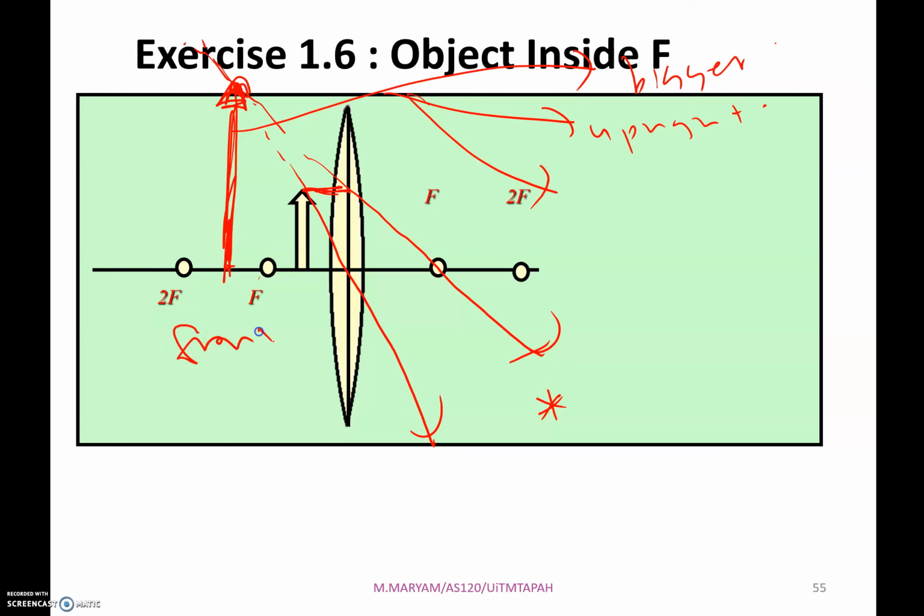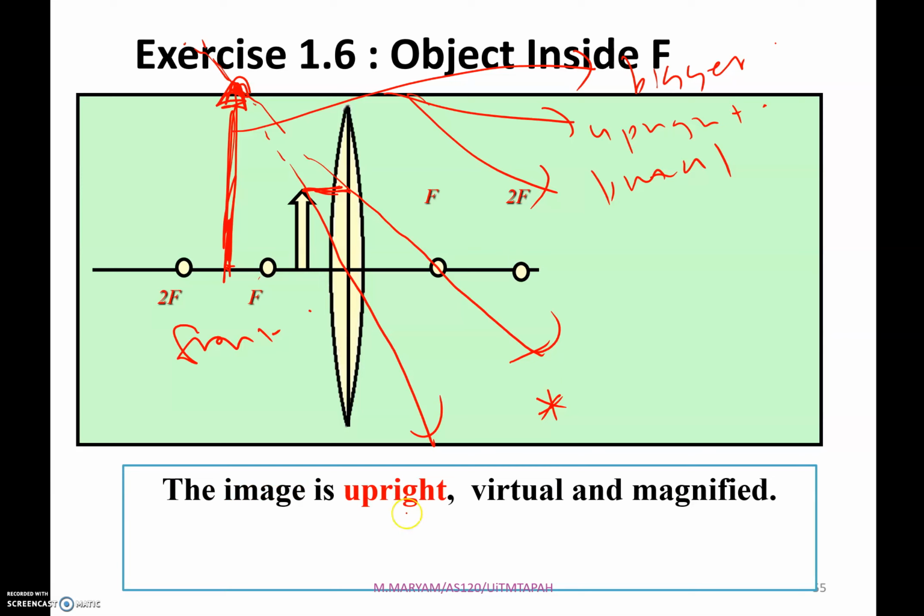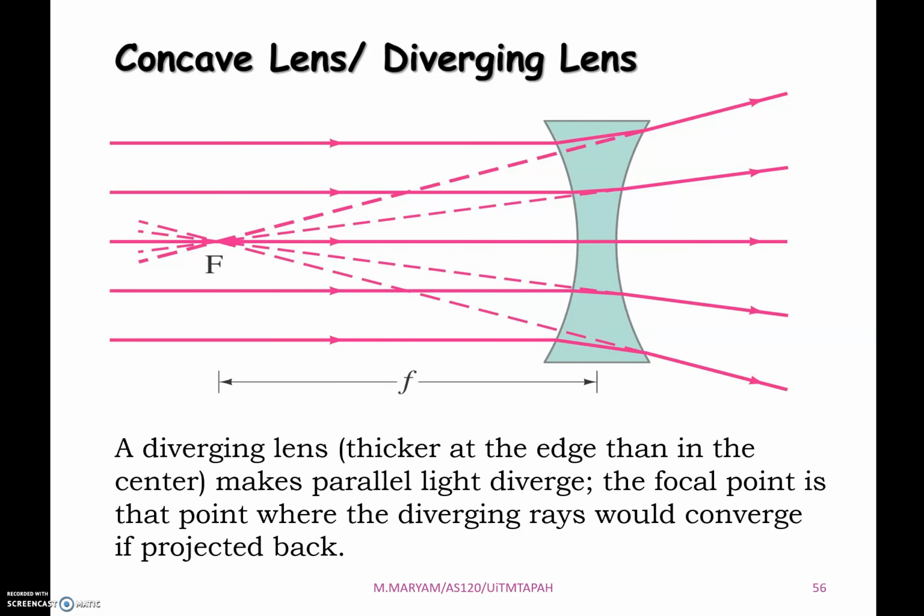This is the front of the lens, meaning the image is virtual. So let's check our answers. It's upright, yes. It's virtual, yes. And also magnified. So those are all the image tracing for convex lens or converging lens.